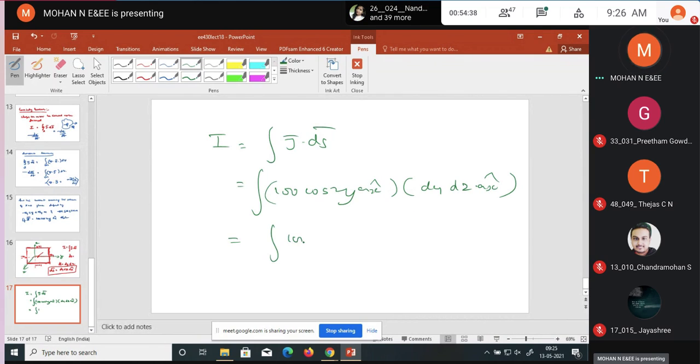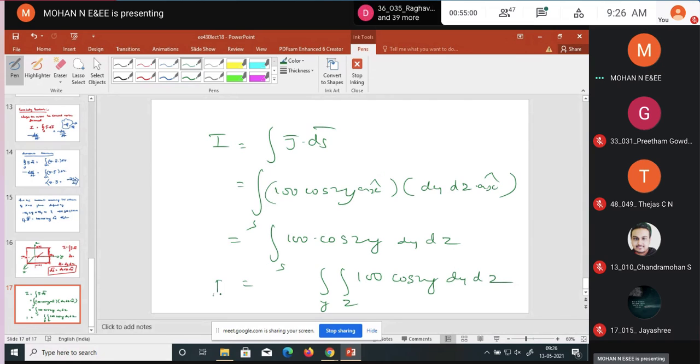So it is nothing but 100 into cos 2y dy dz. So it is a double integral, one for y and one for z, 100 into cos 2y dy dz, and apply the limits and get me the answer quickly.